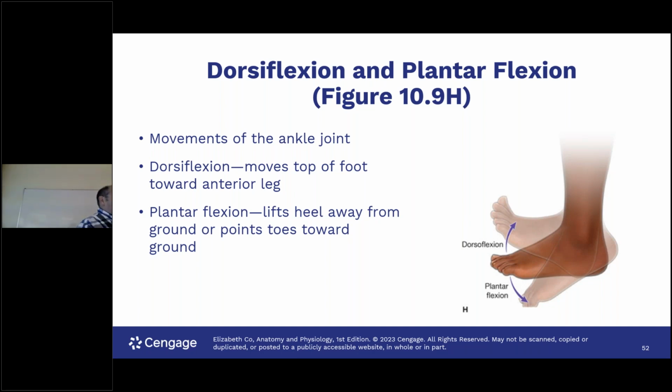Dorsiflexion and plantar flexion. So plantar fasciitis, the sole of your foot. There's all kinds of tightness going on, can lead to heel spurs and such, pain, discomfort, no fun. So what direction am I moving my foot when I'm plantar flexing?